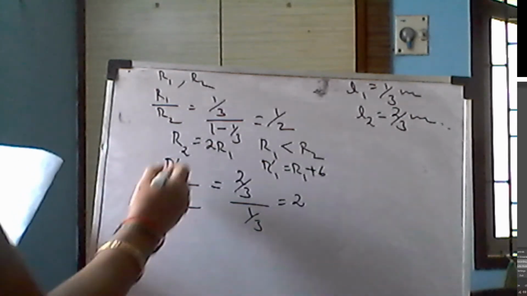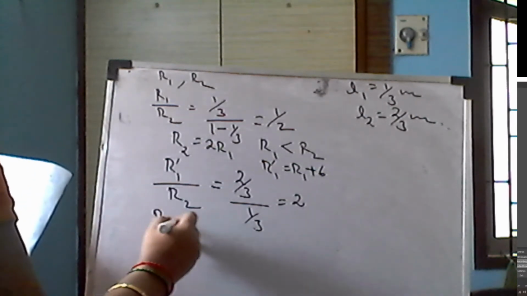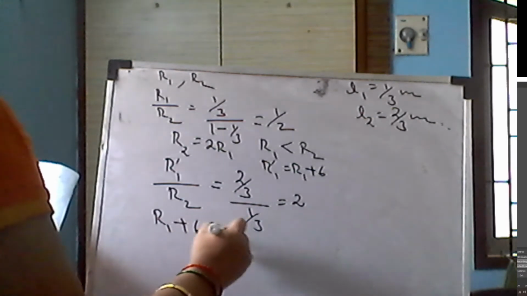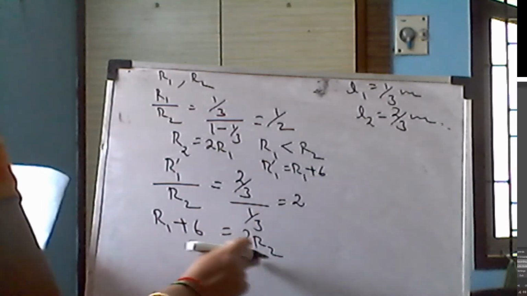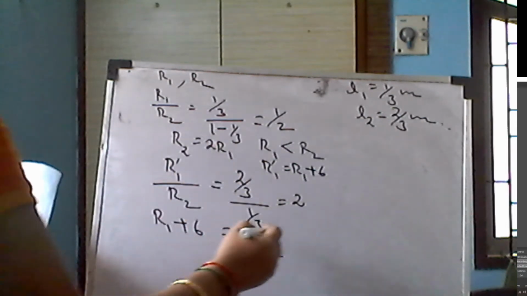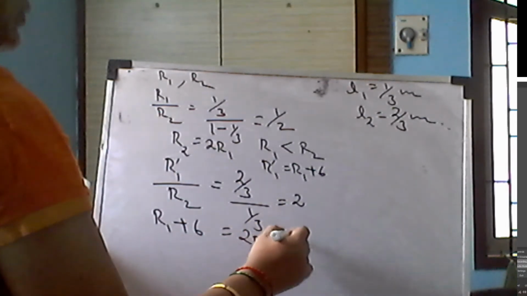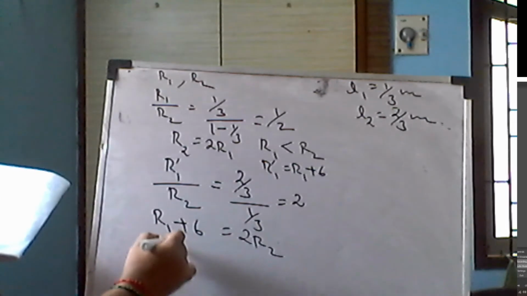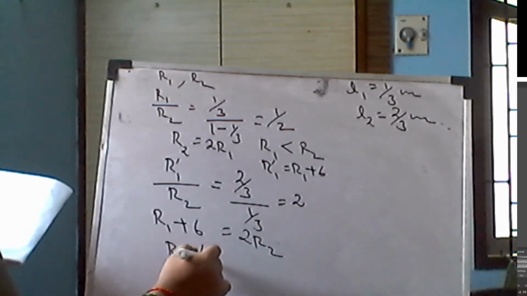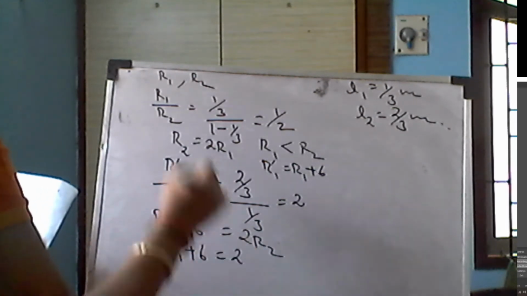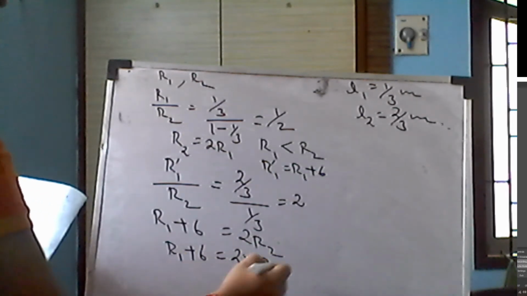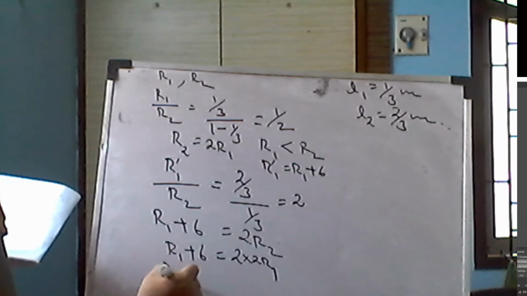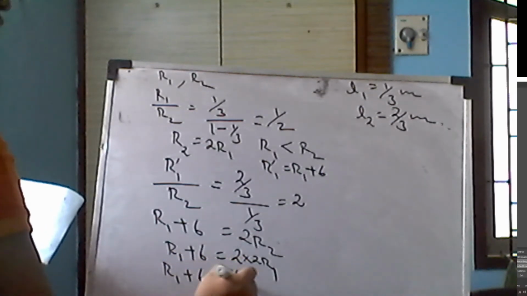So you can write R1 plus 6 is equal to 2R2. R2 is 2R1, so R1 plus 6 is equal to 4R1.